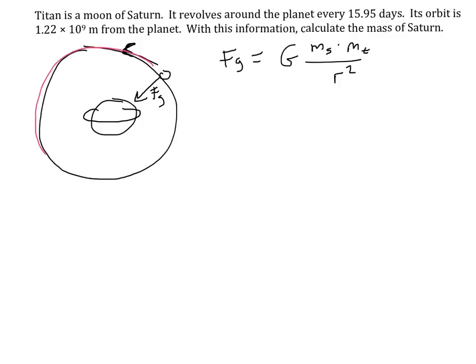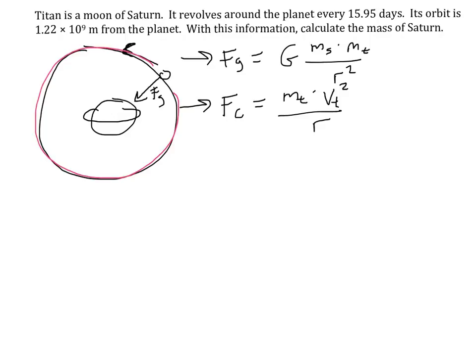So if it's going in circular motion, there must be a centripetal force acting on it. And we can express the centripetal force in terms of m. And again, m is the object that's doing the circular motion, mt, times vt squared over r. So this is the gravitational force pulling on Titan, and this is the centripetal force that is necessary to keep Titan in orbit.